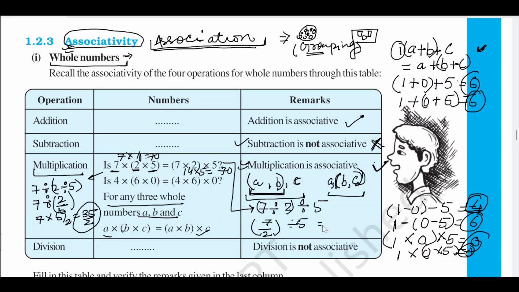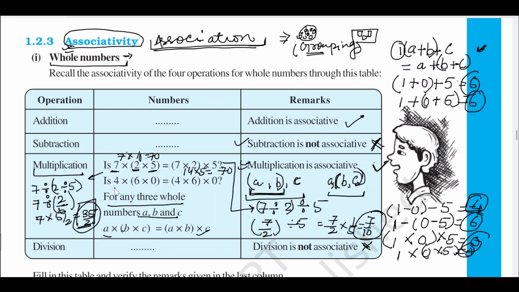Then it will be 7 by 2 into 1 by 5. We are getting 7 by 10. So on the RHS we are getting 7 by 10, and on the LHS we are getting 35 by 2. So LHS is not equal to RHS, so we will say division is not associative. For whole numbers, division is not associative.